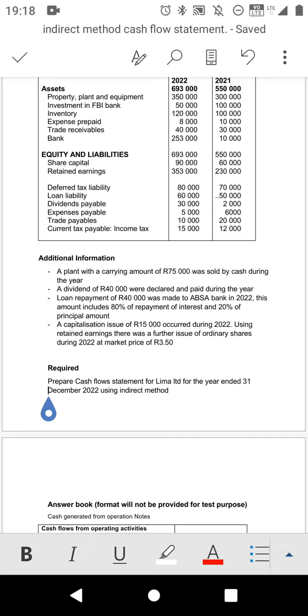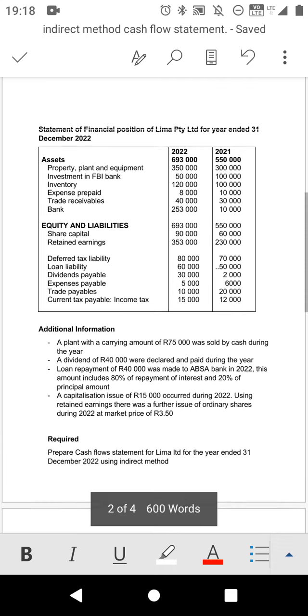So this is not the actual amount of cash that we sold this vehicle for, but a carrying amount. So firstly, you have to check if there was any loss or any profit. If there was a loss, please subtract so that we get the actual amount that we receive. If there is a profit, please add so that we get the actual amount that we receive.